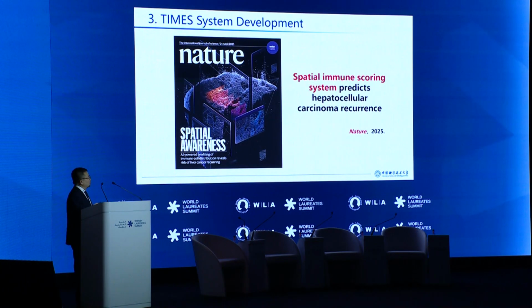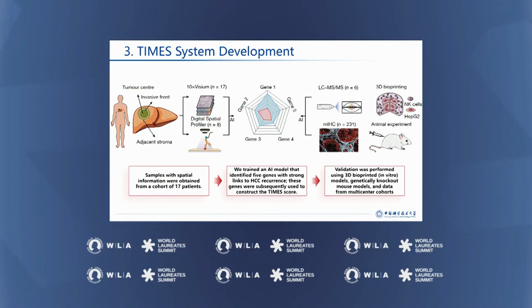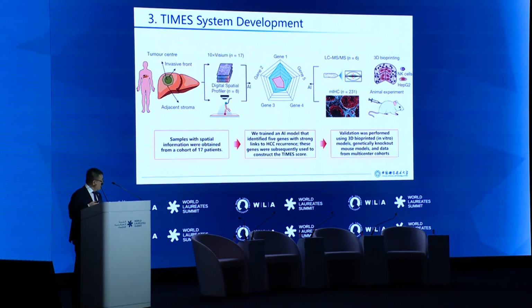So we developed the spatial immunoscore system to predict hepatocellular carcinoma recurrence, published as a cover paper in Nature. Samples with spatial information were obtained from a cohort of 17 patients. We trained AI models that identified, at first, 241 genes with strong links to hepatocellular carcinoma recurrence.